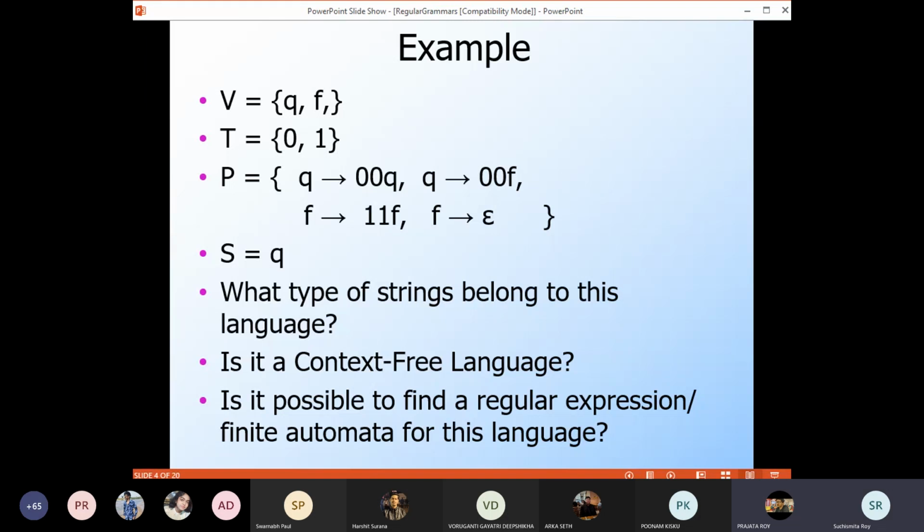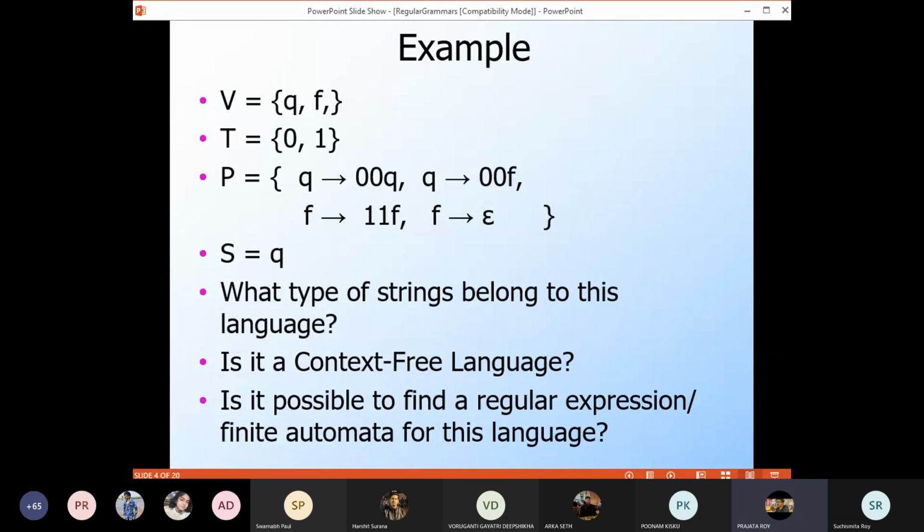Can you describe the strings which will be created by this grammar in English-like language? Ma'am, a string of consecutive zeros and ones. Consecutive zeros and ones. Can you have zeros after ones? No, ma'am. Zeros and then ones. How many zeros? Even number. Even number of zeros, and even number of ones, followed by each other.